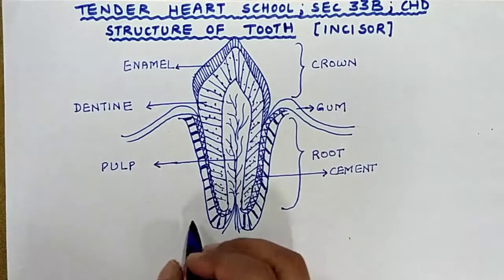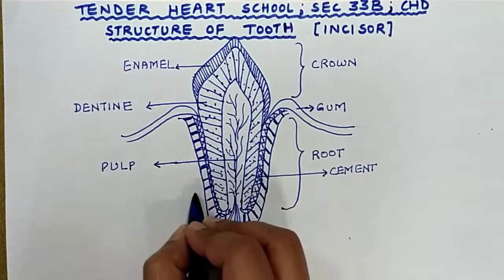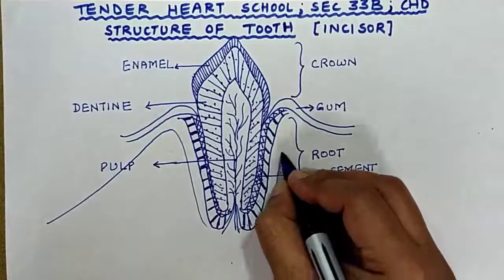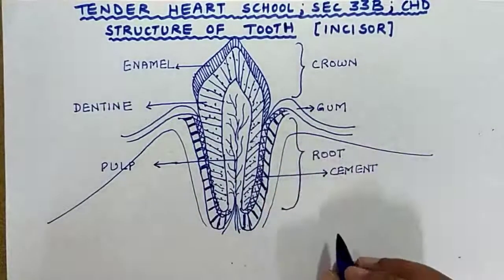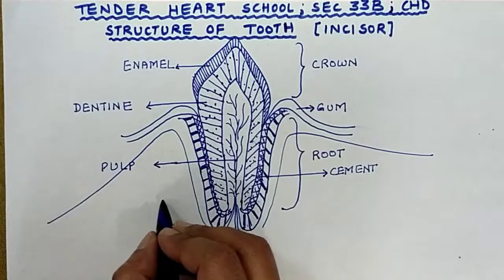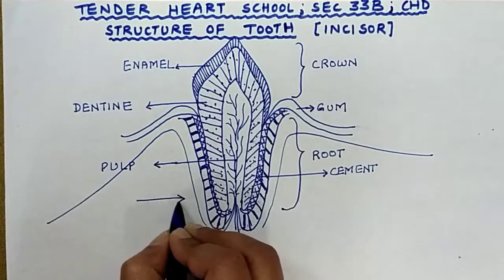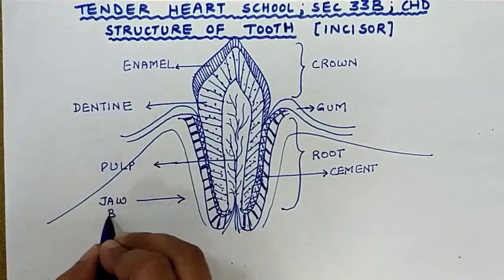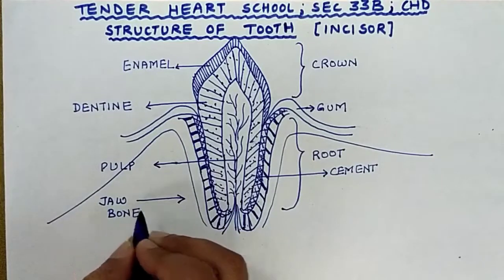Now you can show the jawbone. So this is the jawbone. Right? So you can label. This is the jawbone. Right?